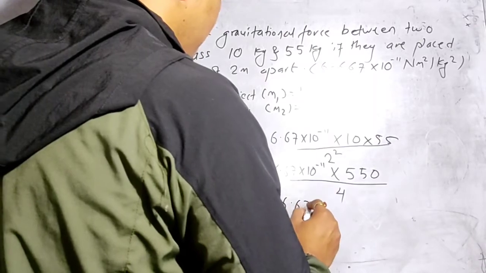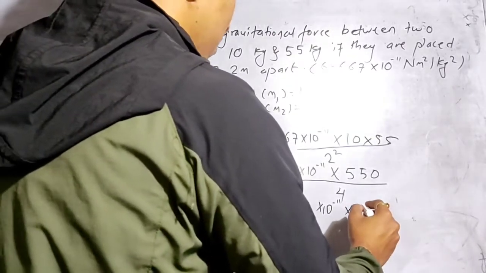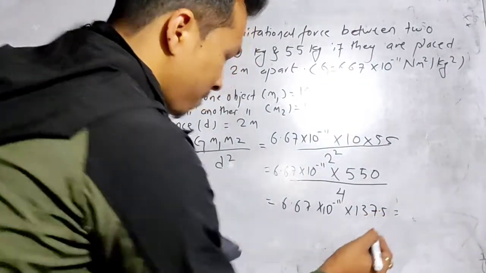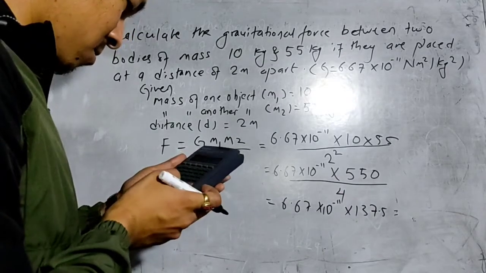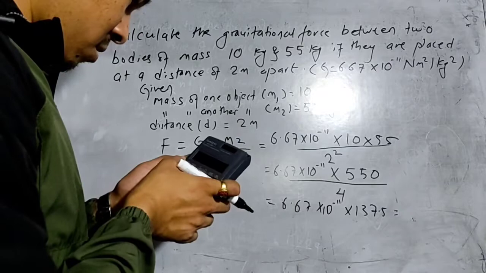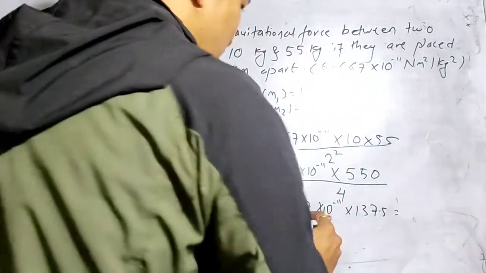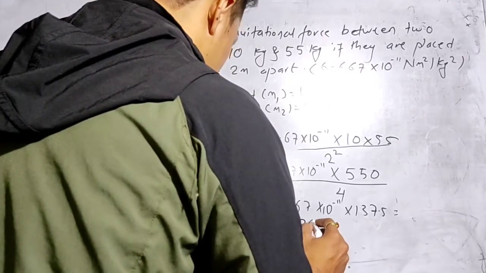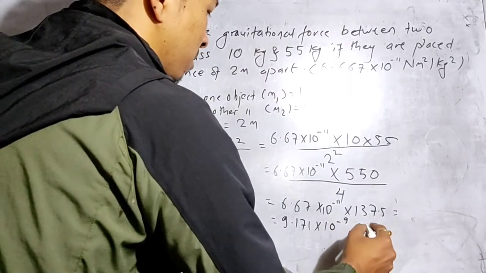Now 6.67 into 10 to the power minus 11 into 137.5, and at last we get the value as 9.171 into 10 to the power minus 9 Newton.